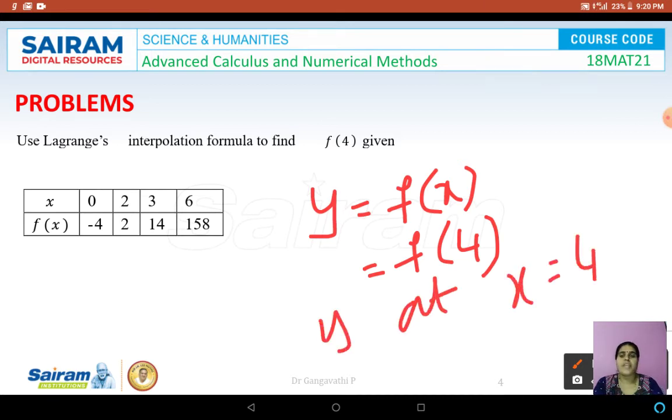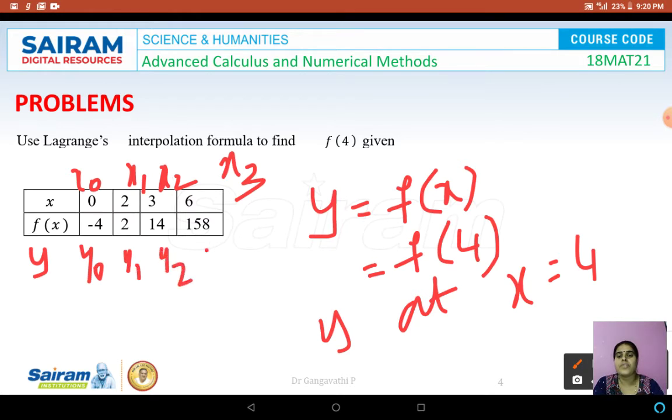At the same time, I have the values of x, which are x0, x1, x2, x3. Similarly, y is equal to f of x, so it is y0, y1, y2 and y3. The y value we have to find at x is equal to 4. One more thing to remember: f of x is nothing but y.